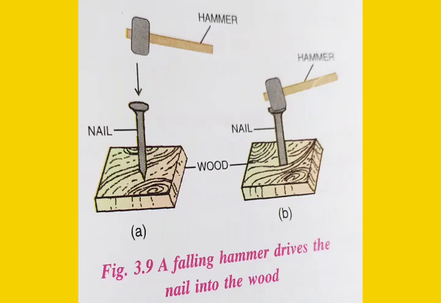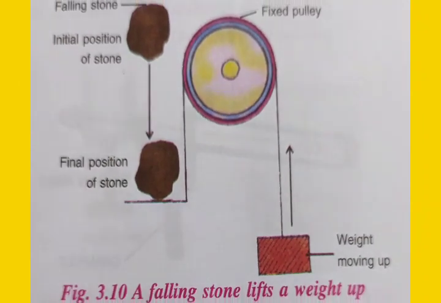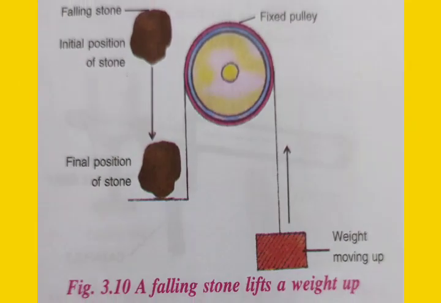Clear? Then a falling stone, when it reaches a pan attached at one end of a pulley, lifts up a weight at its other end because of its potential energy. So this you can see on the screen also. Clear? So a falling stone is there, and as it comes down, what happens? It gets attached at one end of the pulley.